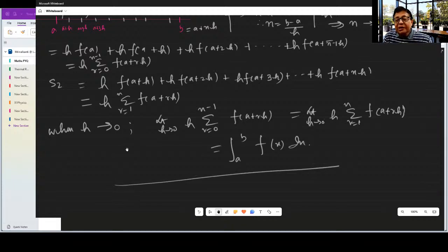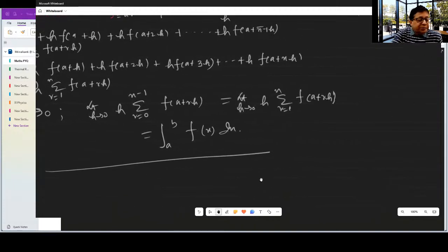So either you find the value of this sum, or the value of this sum, it will give you integral a to b f(x) dx. This is the concept here. That's why it is called definite integration as the limit of sum. If this sum is given and you are able to identify r, a and h, then you can write it easily.